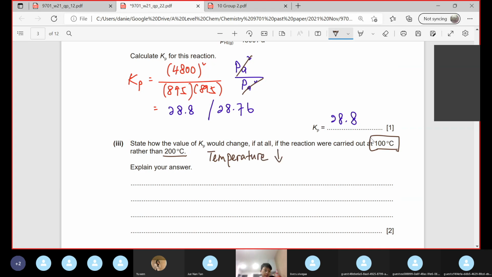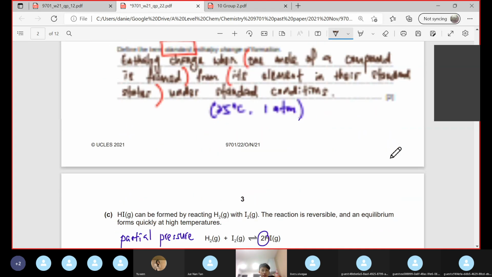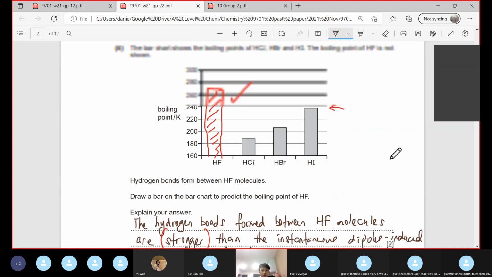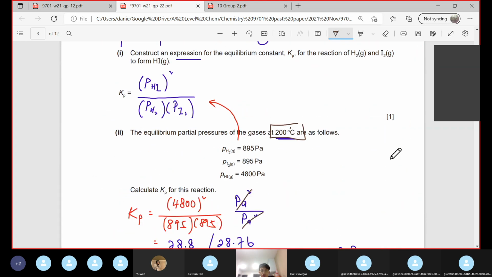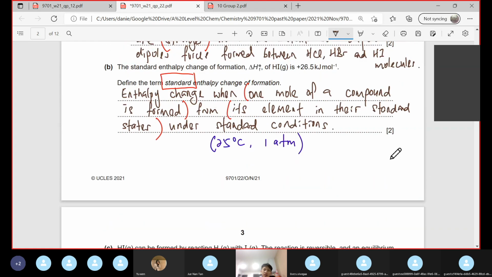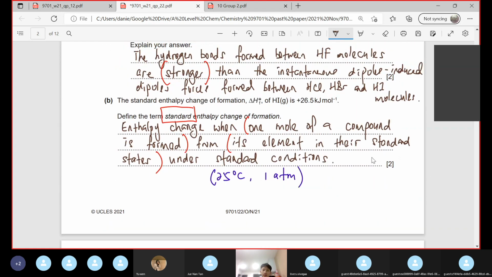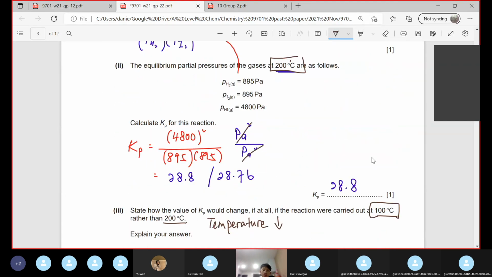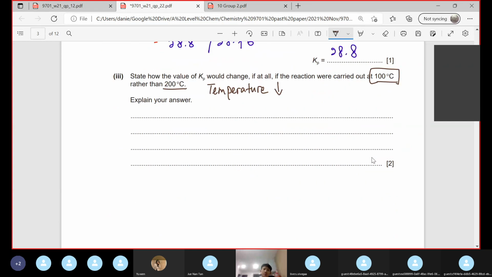Okay, since temperature decreases, then we look at the enthalpy change. The enthalpy change here is provided to you, right? Delta H is positive 26.5, so it is endothermic. So what happens here? The nature of the reaction is endothermic, temperature decreases.